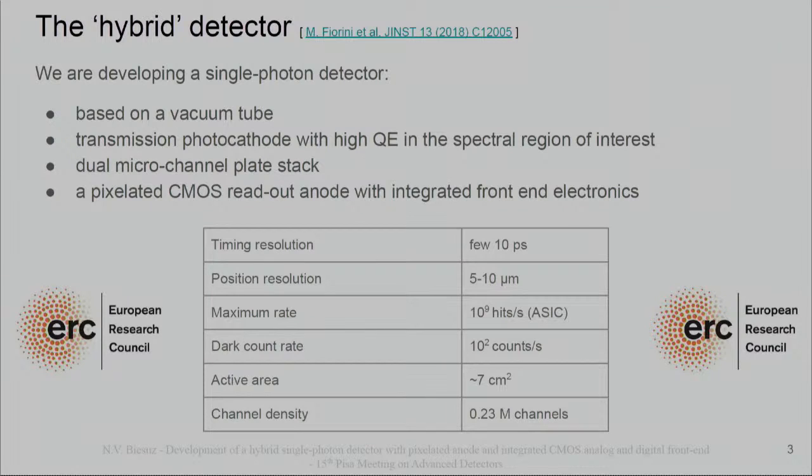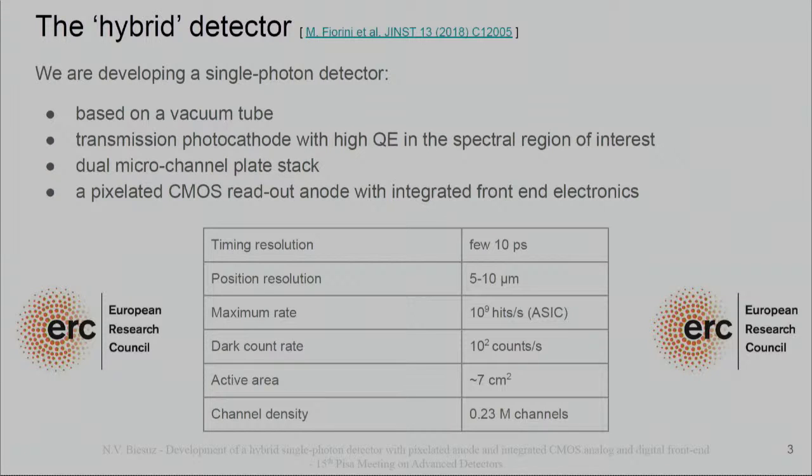This tube integrates a dual microchannel plate stack, and the readout is done using a CMOS anode that integrates the front-end electronics. So it acquires the signal, digitizes it, and then sends it out as a digital signal.